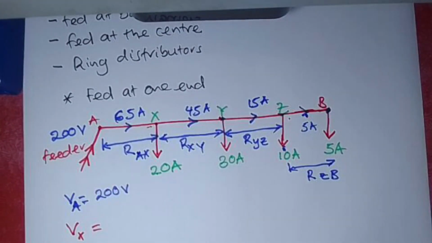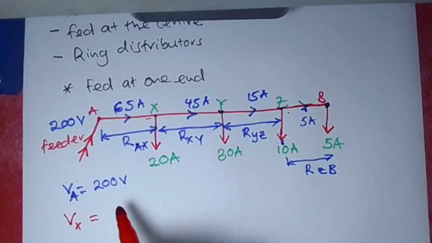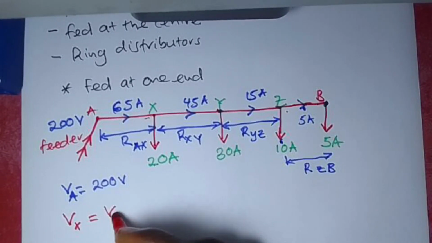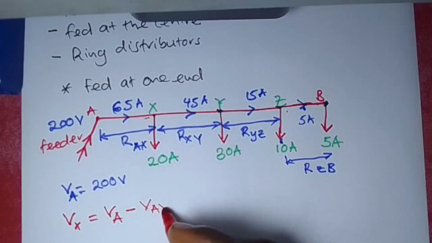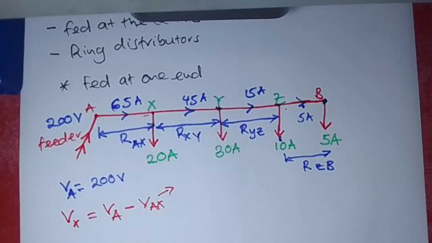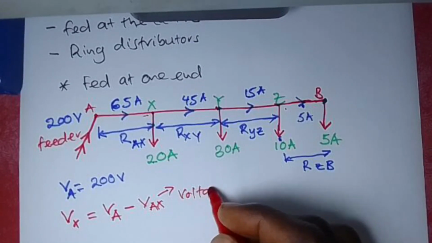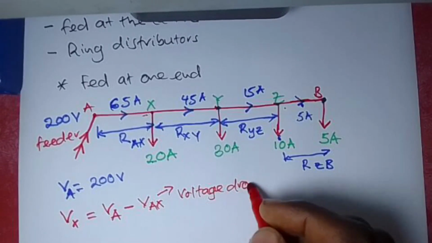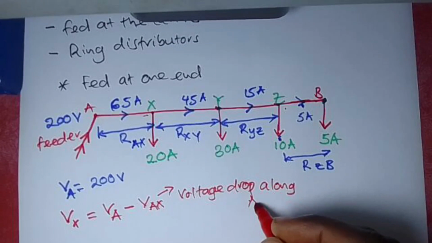So after putting that into calculation, we can say that the voltage at point X is going to be equal to VA minus VAX, which corresponds to the voltage drop along AX.